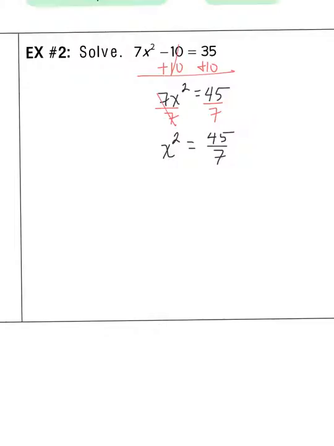So when you go to take the square root of both sides and you do plus or minus the square root here, remember you can't have a fraction under the radical because that leaves a radical in the denominator.